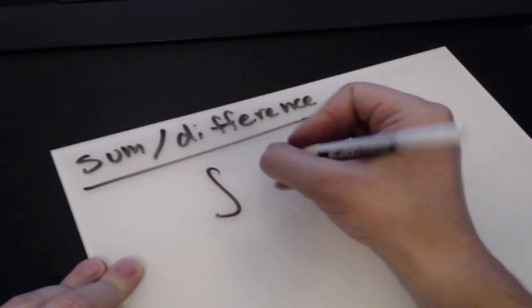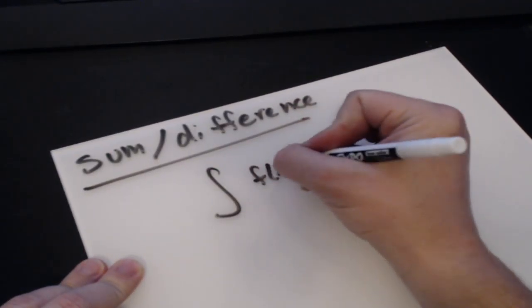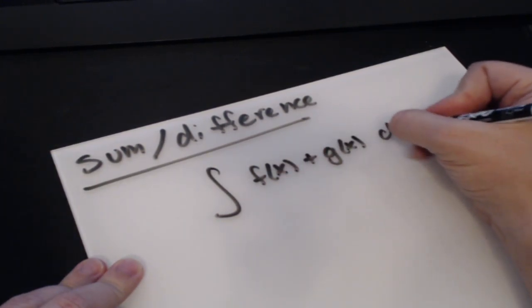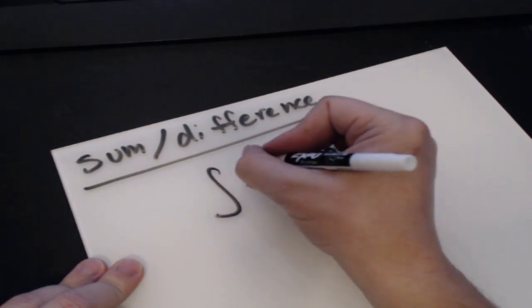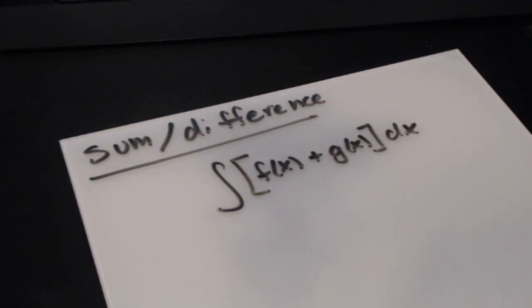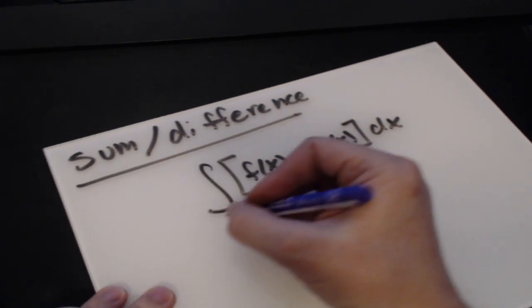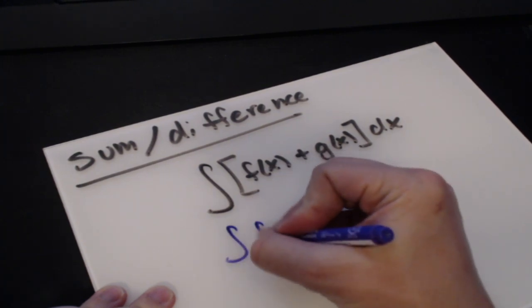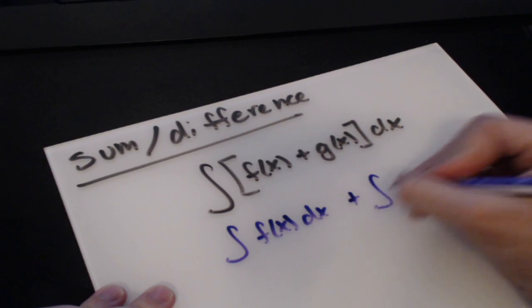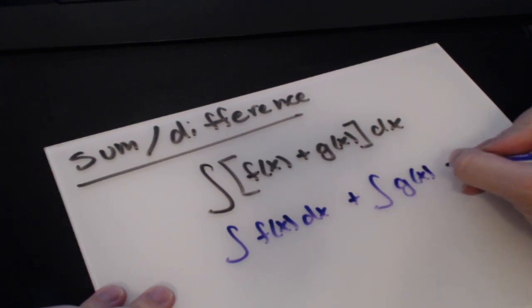If you have the integral of f of x plus g of x dx, and you could write it like this, if you just had two functions added together, or just two different items added together, you can actually go through and separate this out, and that would be beneficial to you. You could just do the integral of f of x dx plus the integral of g of x dx.